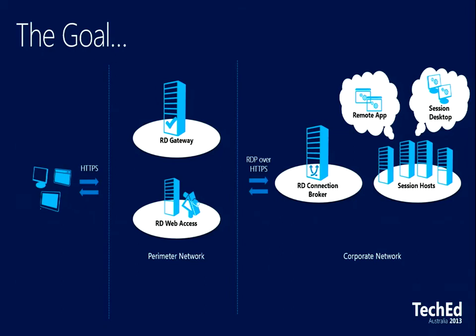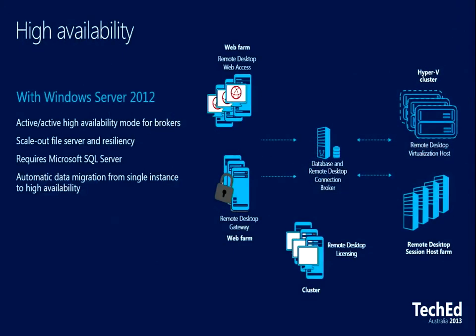Now, when we talk about an environment of this type, a very quick question I get all the time is around high availability. High availability is extremely important for an RDS deployment. In Server 2008 R2, this is how things worked. The RD web app and the gateway servers were both used as a web farm to bring about high availability.